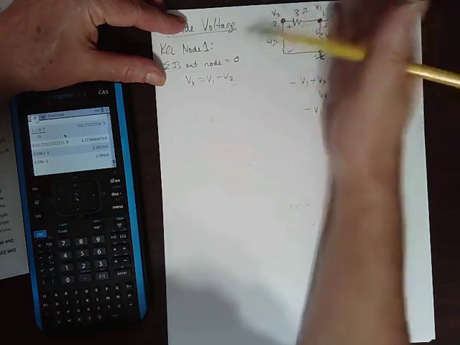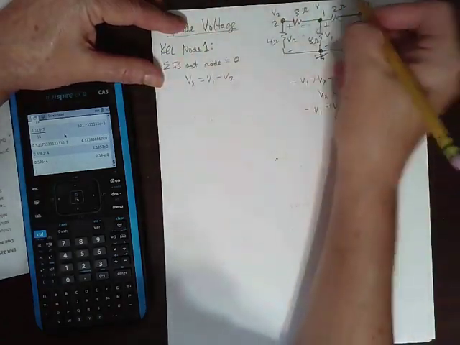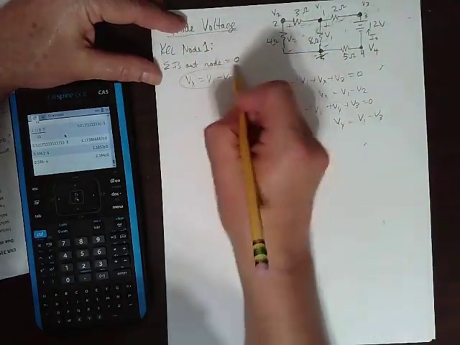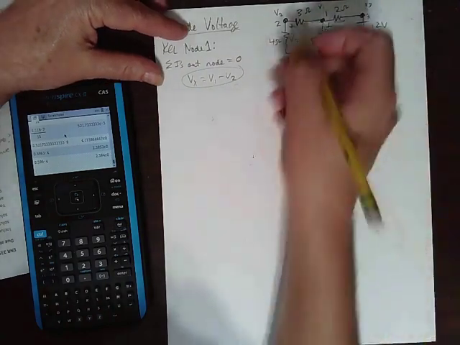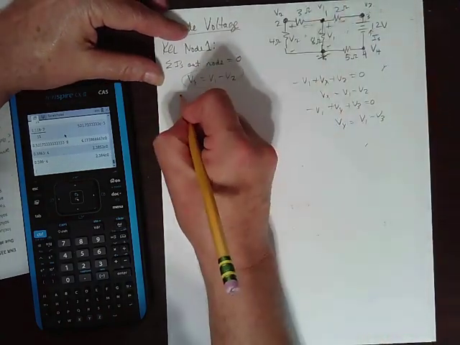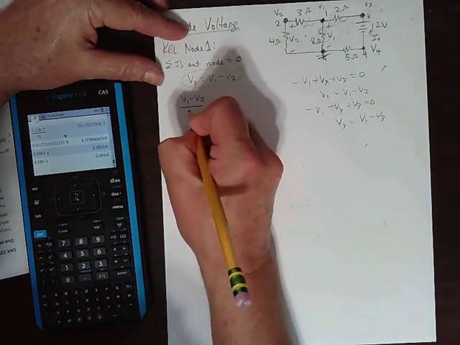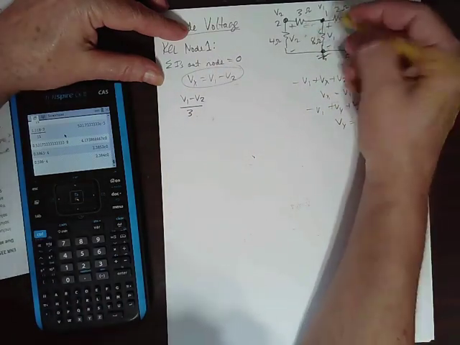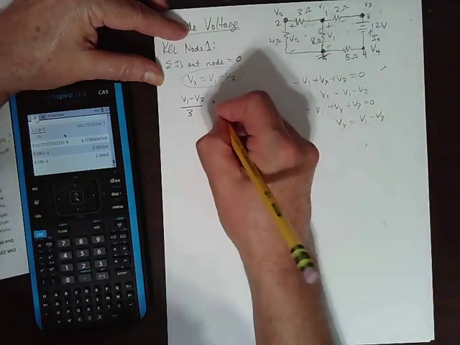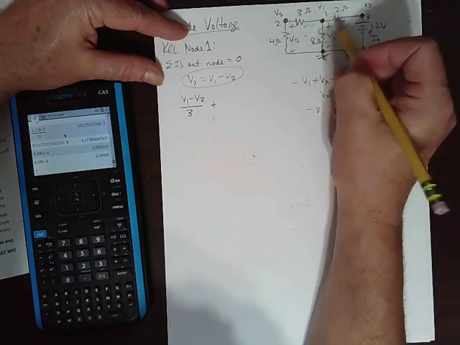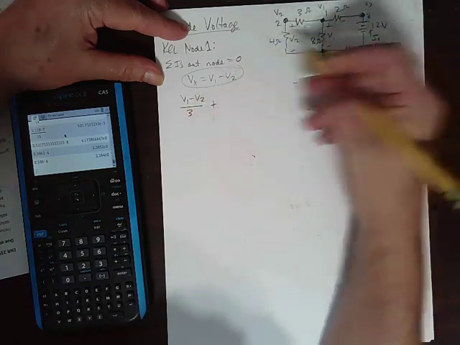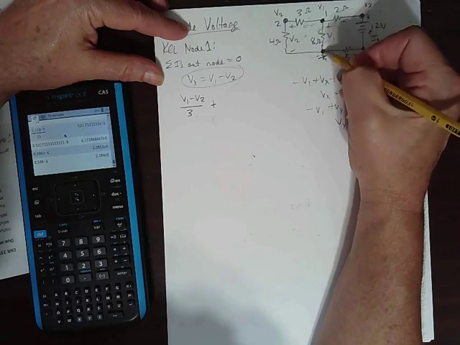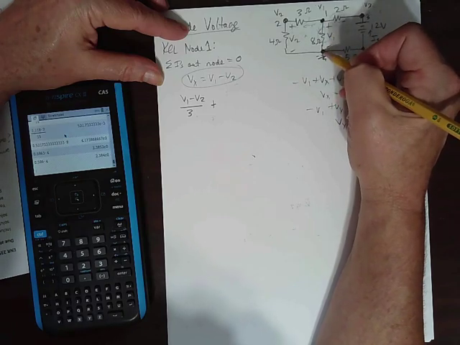So this is not KVL, that's just a side note. The current here, I'm going to say, is V1 minus V2 over 3. That's the current going out that way. Now I want to add the current going down here. I'm going to add up all the currents going out, so they'll all be plus plus plus equals 0. What's the current going down here?